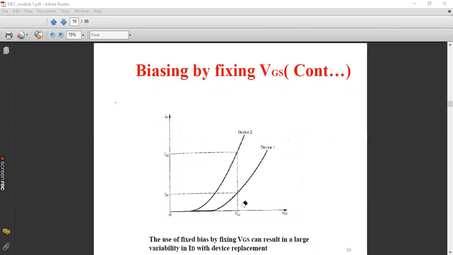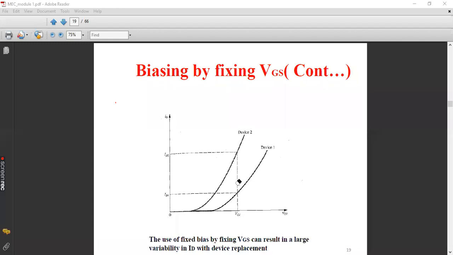Clear? Now, another observation from this graph: for the same gate voltage VGS, I've taken one instantaneous gate voltage VGS and I'm comparing the two currents ID1 and ID2, where ID1 is the drain current flowing through device 1 for that particular voltage VGS.